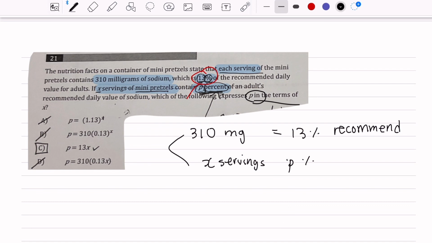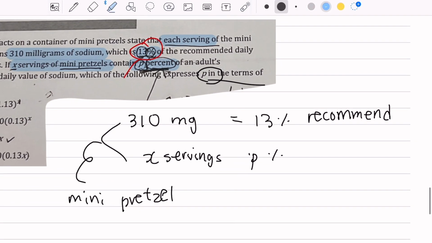Those are both talking about the mini pretzel. It's not like one is talking about pizza and the other about pretzel. This all talks about the mini pretzel and the same recommended value of sodium.